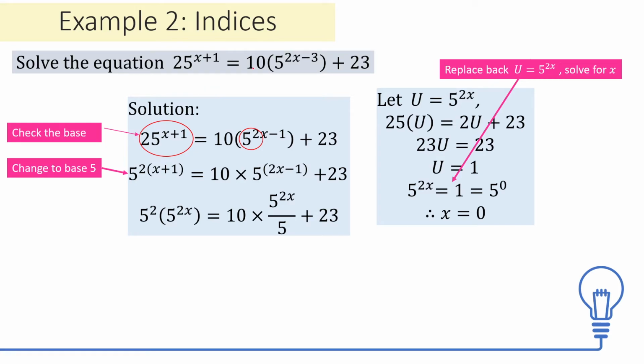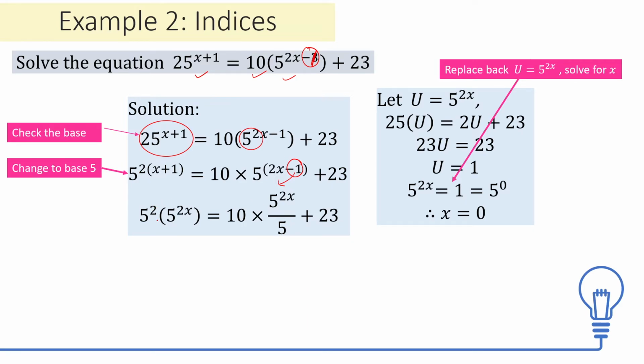Second type, second question: 25, 10, 5. Same thing, we change everything to base 5. Sorry, this one should be negative 1, and the 23 is untouched. So 25 changes to 5^(2x+1) and then 10 times 5^(x-1), plus 23, and then minus 1 shifted down, divided by 5.